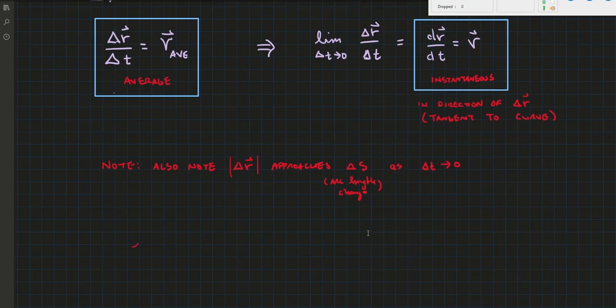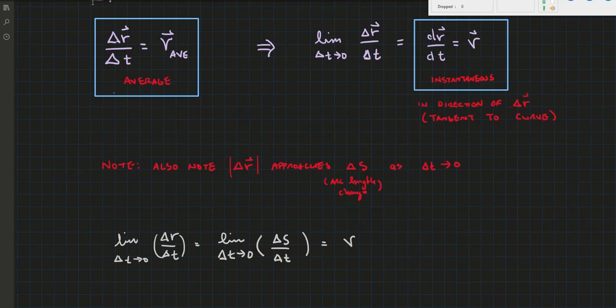So our limit, as delta t approaches 0, just restating this, delta r over delta t equals the limit as delta t approaches 0 of delta s over delta t.